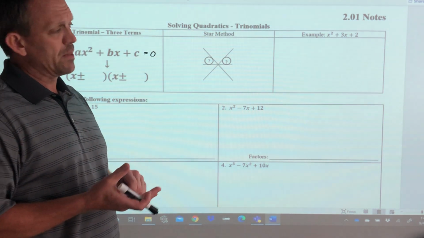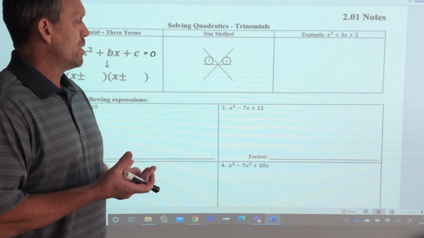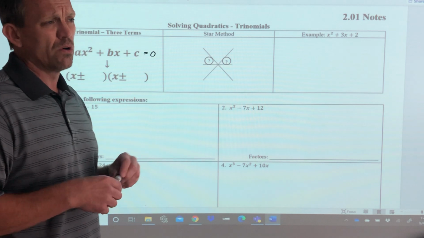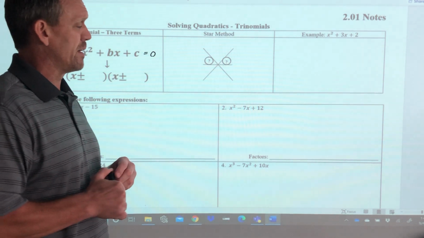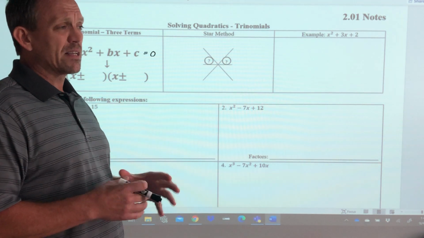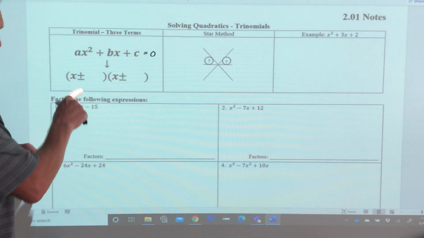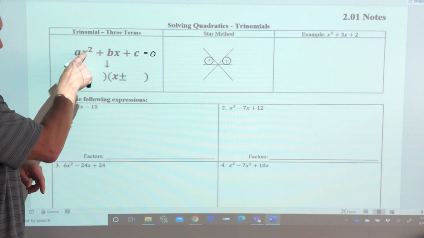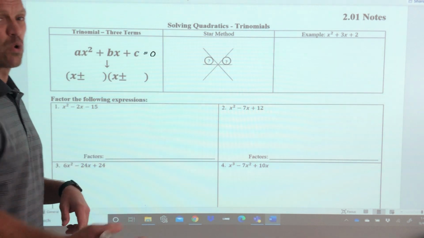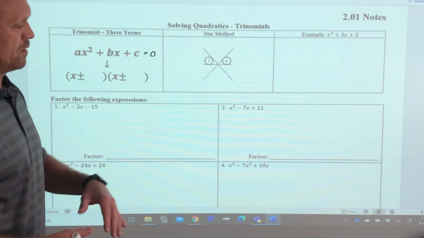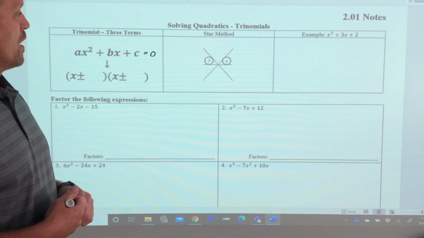Additionally, we're going to talk about something called bottoms up, which is something that I've used for quite a while now, and you can use it for every one of them, but you technically only use it when your a, this number in front of your x squared, is greater than 1. And we're going to talk about that as we get a little bit further down into this.